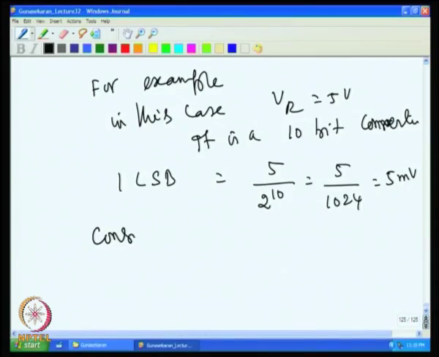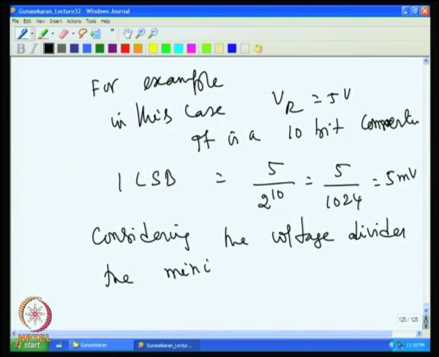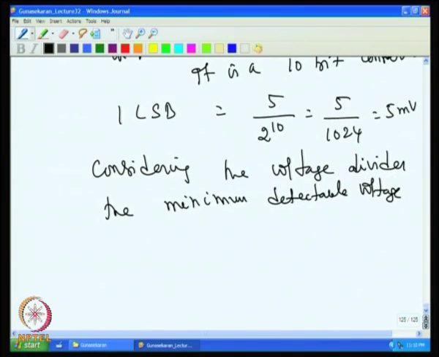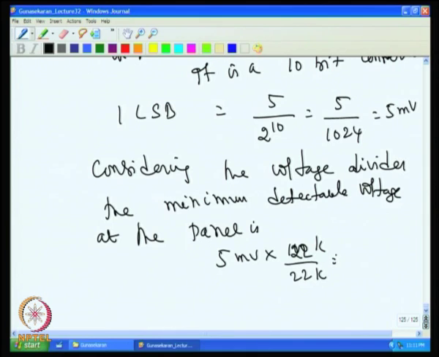Considering the voltage divider, the minimum detectable voltage at the panel is 5 millivolt times roughly 122K by 22K, that is actually roughly 30 millivolt.